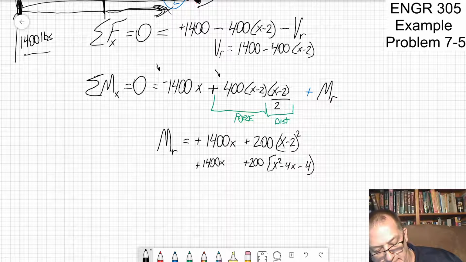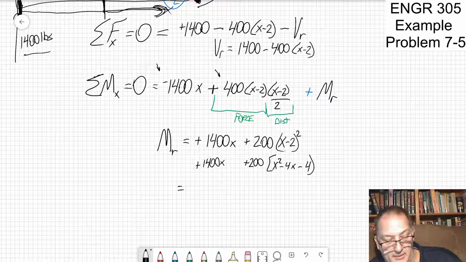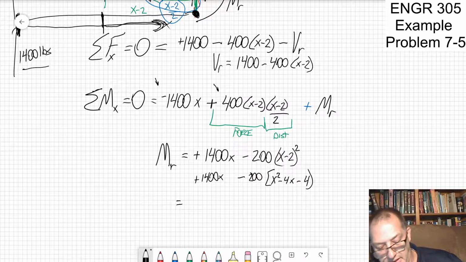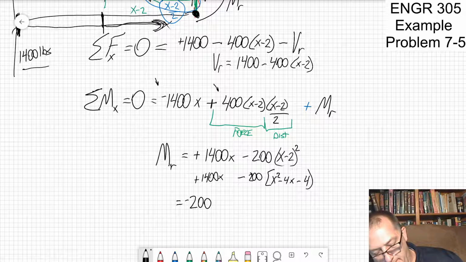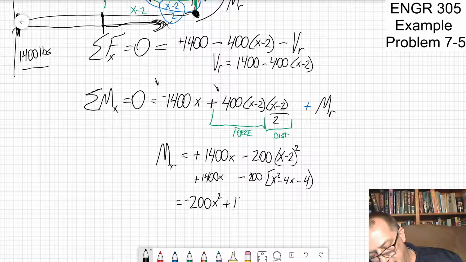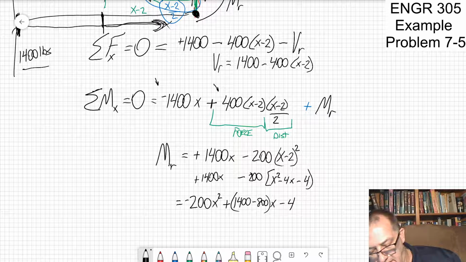So this is going to be equals, sorry, you guys are letting me make mistakes. This sign is wrong here when I copied that down. So this sign is wrong. Minus. So here we go. Minus 200x squared, plus 1400 minus 800x minus 800.